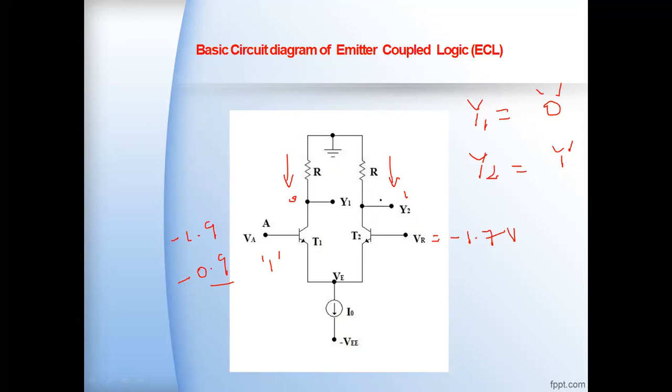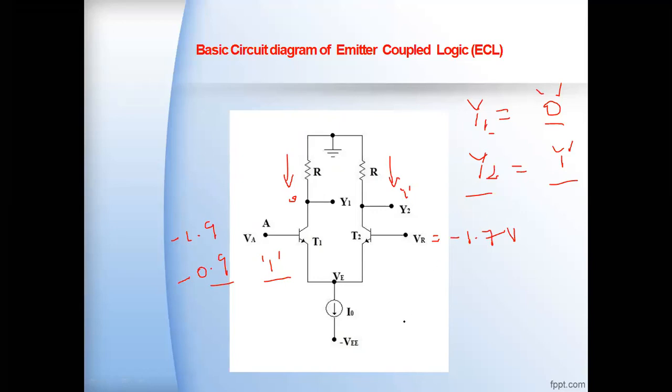It is a negative voltage and a smaller value, so it will be treated as the logic high state value. So when you apply the logic 1, Y1 is giving the logic low and the Y2 output is giving the logic 1. So therefore, it is now totally satisfying the functionality of the inverter and non-inverter logic circuits. So this is the basic circuit of the emitter coupled logic.